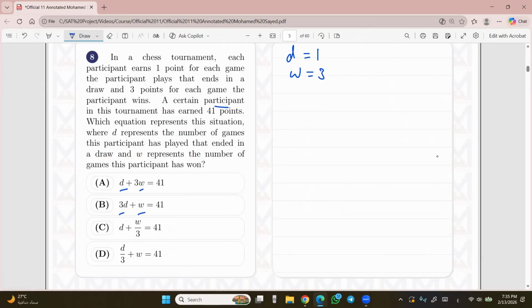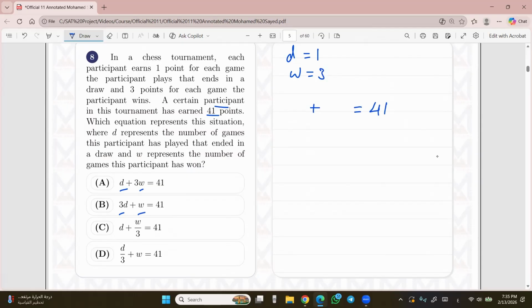A certain participant in the tournament has earned 41 points. Which equation represents this situation where D represents the number of games the participant has played that ended in a draw, and W represents the number of games this participant has won? So 41 is the total. So the total means we write 41 here and we write plus in the middle here.